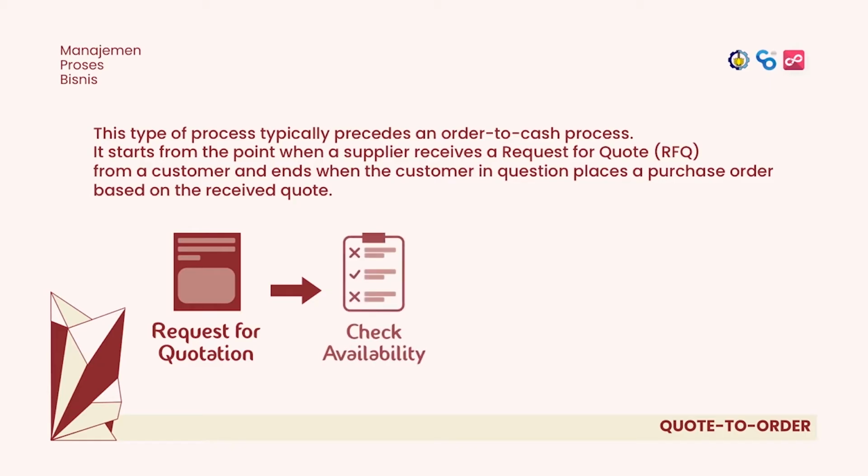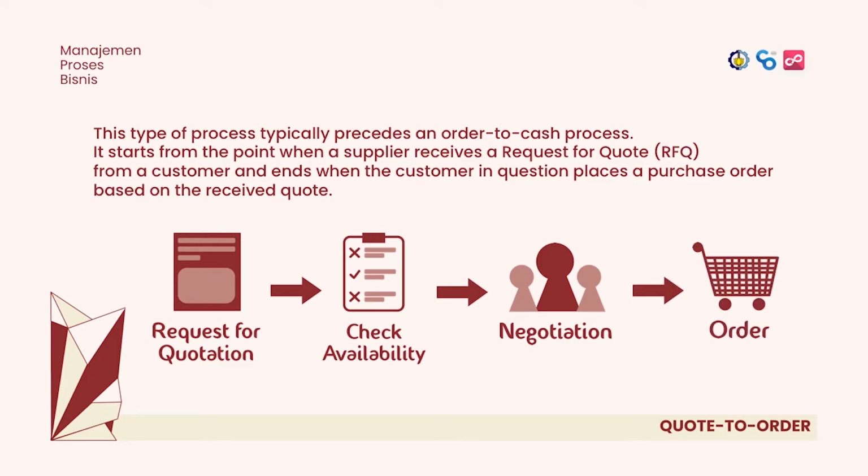The company then checks the product availability, and both parties must negotiate in terms of price and delivery time. If they reach an agreement, the customer can then place an order, which will trigger the order to cash process. So, quote to order and order to cash can be combined into another bigger process called quote to cash.